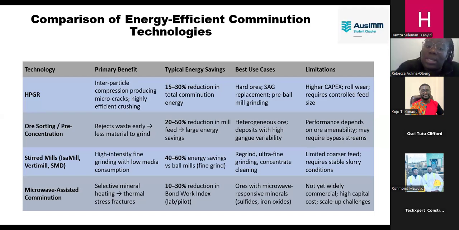Once we take out the waste, we have little throughput that has to go through the mill, the processing plant or the beneficiation plant. And also the stirred mills like this, we have 20 to 50% reduction in energy, and then 40 to 60%. So this is just a summary of all that we've just discussed.